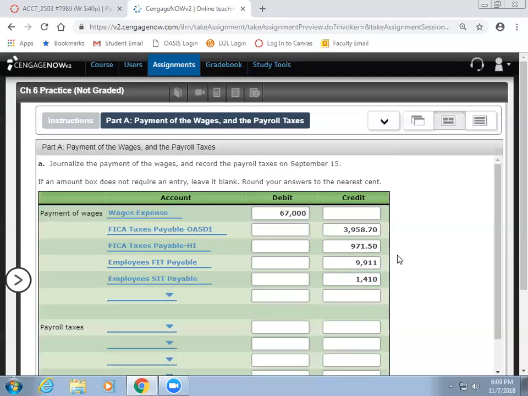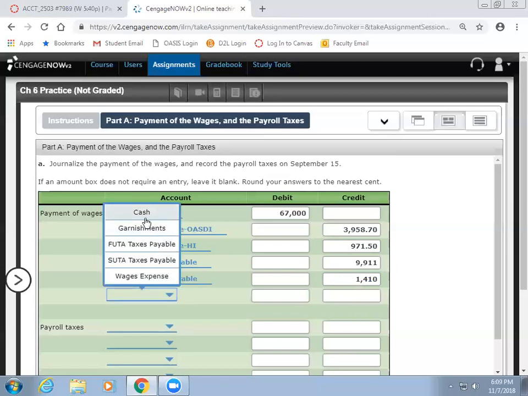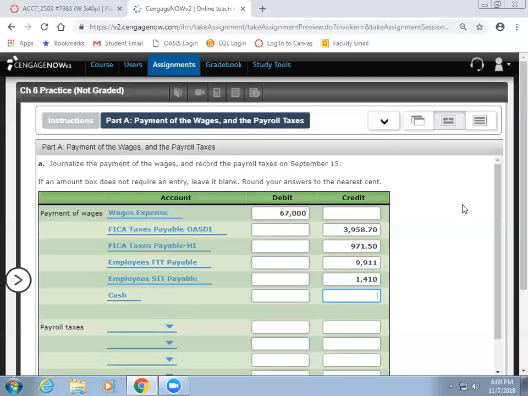So again, you're going to take your total wages expense and subtract out all four of those deductions to get what we paid to our employees. So we're going to credit cash.